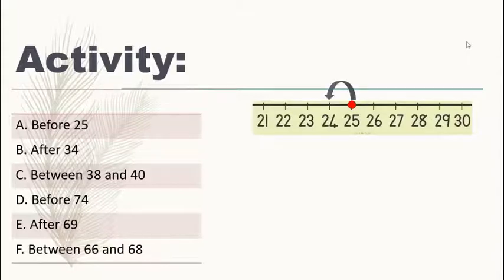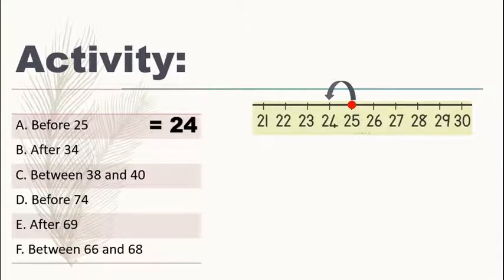We will jump 1. So what number comes before 25? Very good. As you can see, the arrow reached 24. So 24 comes before 25.